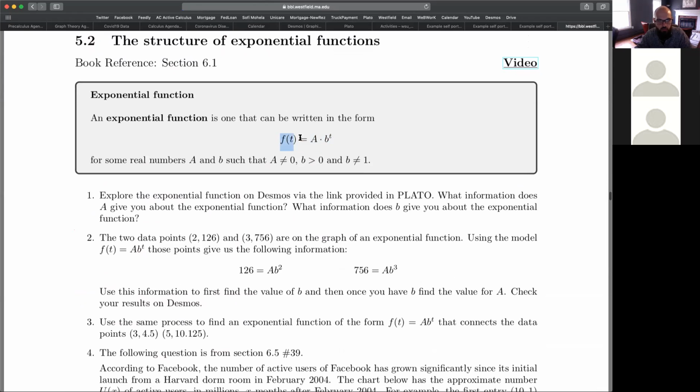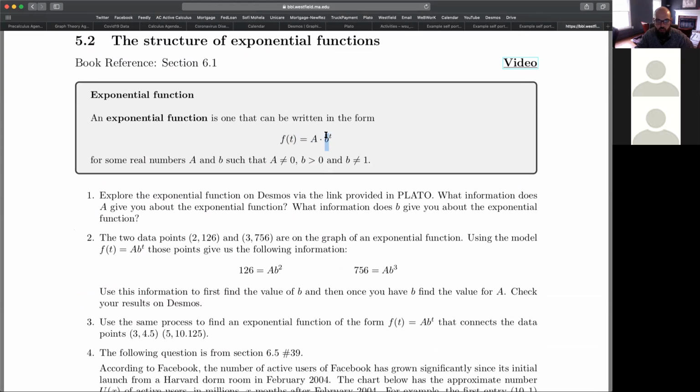We talked through what an exponential function is and what it looks like, and we have these two parameters. A gives us our initial condition, like our y-intercept, and B tells us our growth rate. How fast is our function growing?